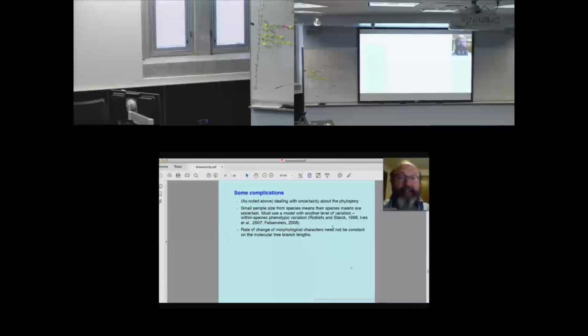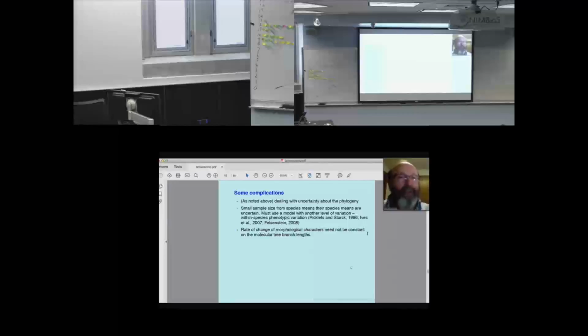I have been acting as if the branch lengths on the molecular tree tell you about the scale relevant to the change of morphological characters. In effect, I'm not assuming a morphological clock, but I'm assuming that both morphology and molecules are changing in a non-clock-like fashion proportional to each other.